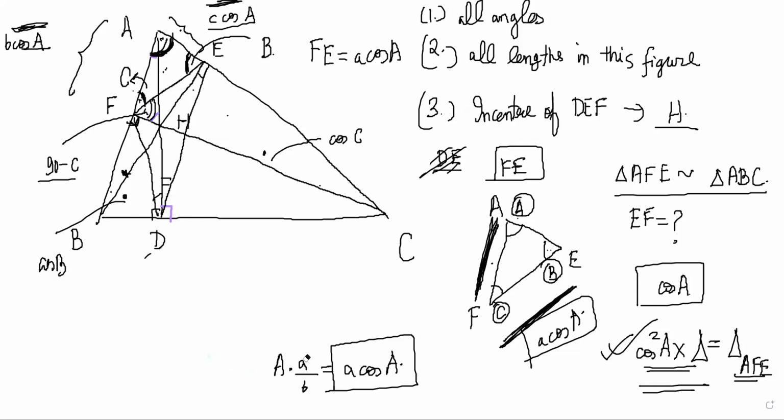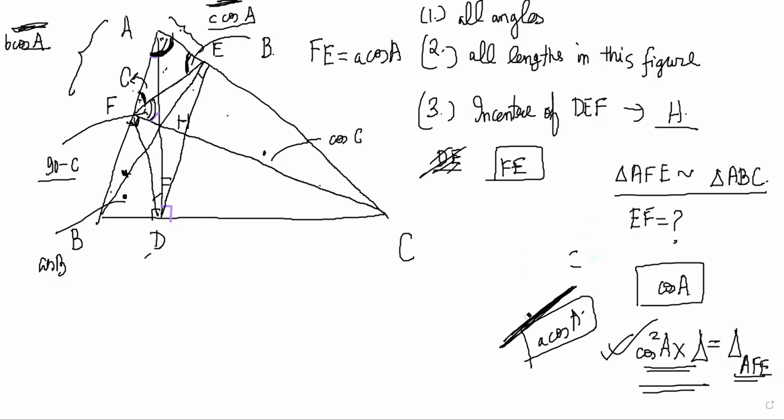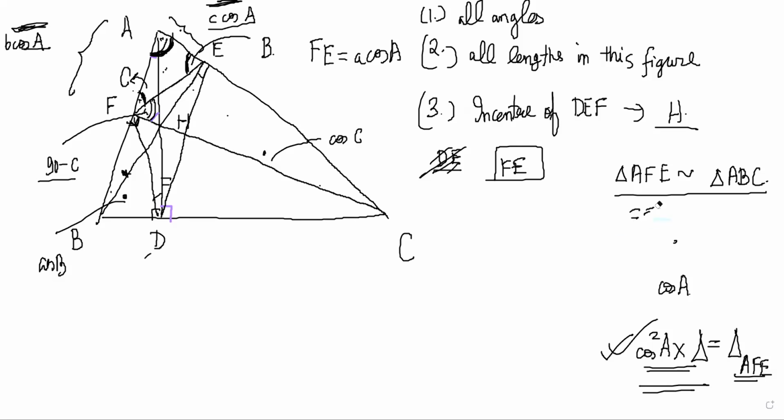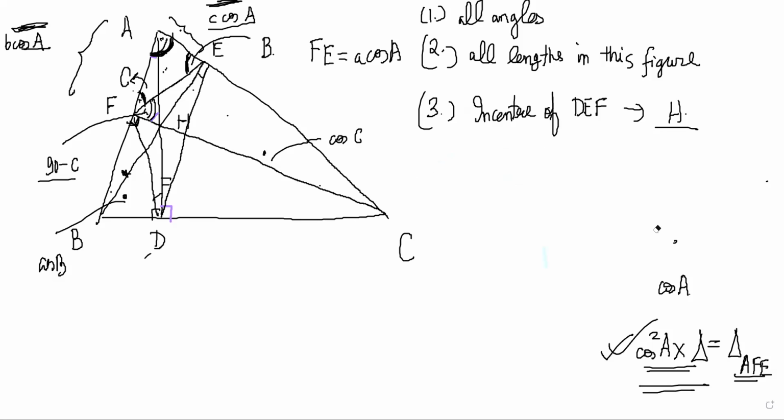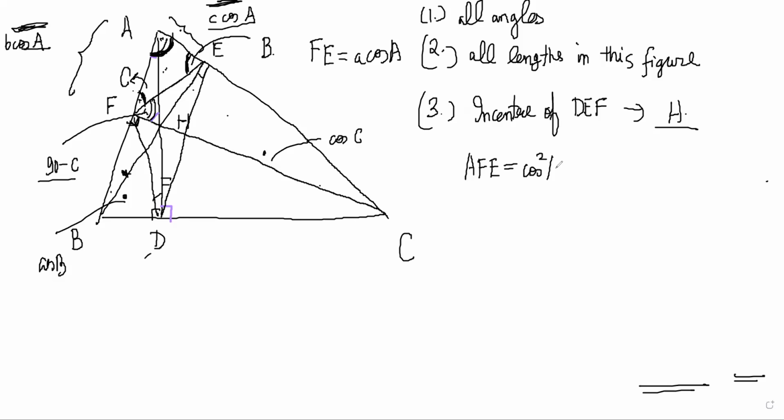AFE is cos square A times delta. Then BFD will be cos square C times delta.